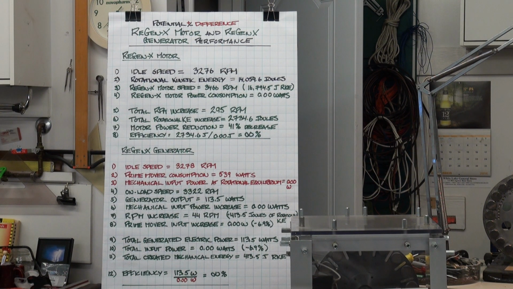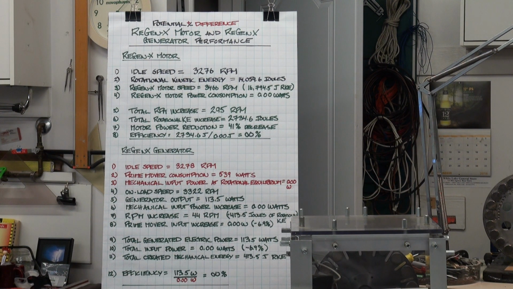Our idle speed was around 3,278 RPM. We generated about 113 watts to the battery. We increased the speed of our system by 44 RPM. The prime mover input power did not increase.